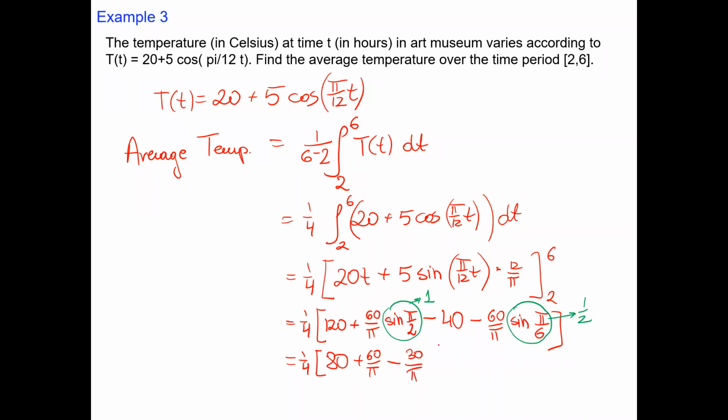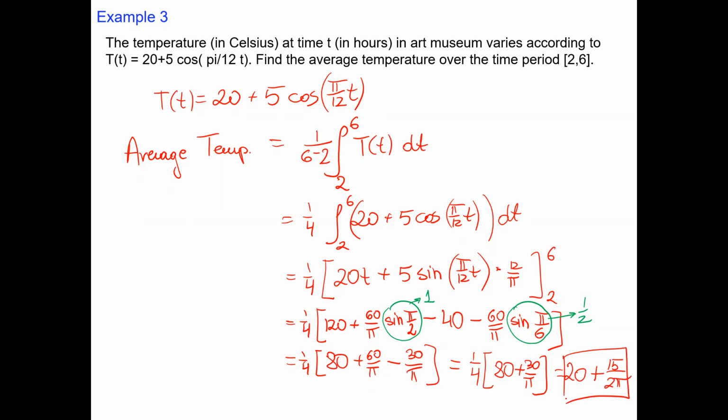Okay, that means the final answer is 1/4 times 80 plus 30 over pi. We can still distribute 1/4. It will be 20 plus 15 over 2 pi, I believe, right? Because we divide just by 2.